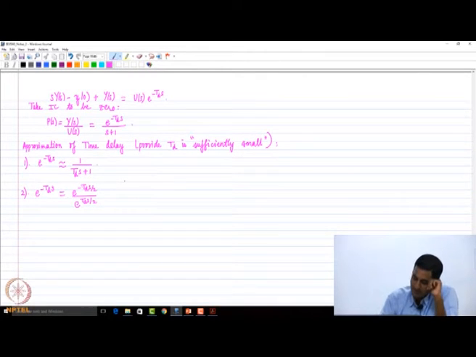Then I use a first order approximation for both the numerator and the denominator. So I get 1 minus tds by 2 divided by 1 plus tds by 2. This becomes 2 minus tds divided by 2 plus tds. So this is what is called Padé's first order approximation.